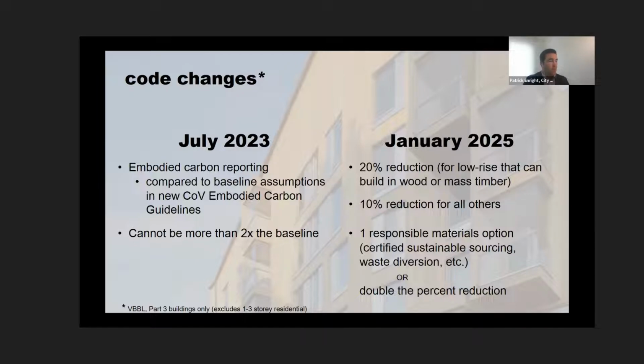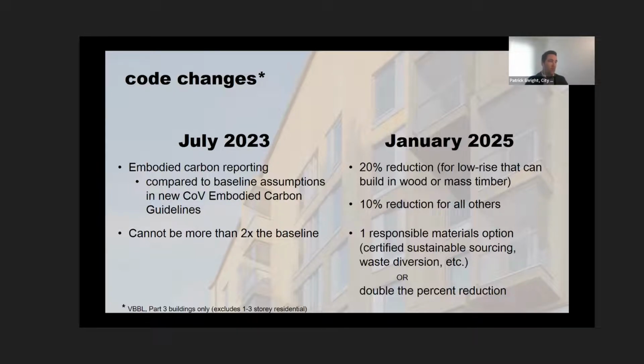This will be compared to a baseline that we'll be establishing as part of upcoming embodied carbon guidelines. This is to begin to understand embodied carbon and to become familiar with the processes of understanding and reducing it for all large buildings in code as a matter of standard practice.